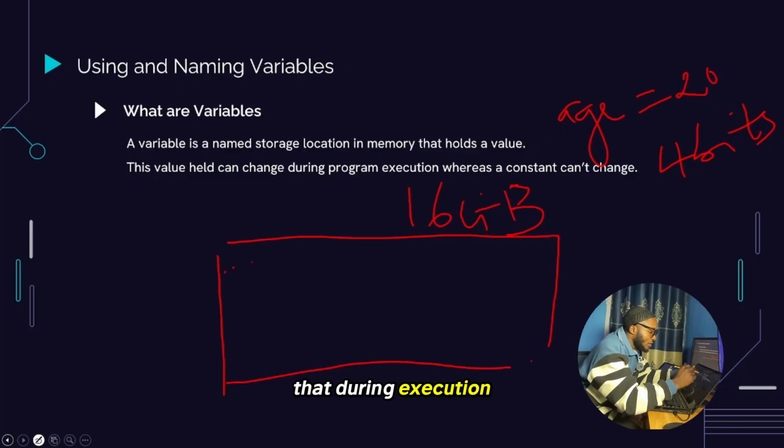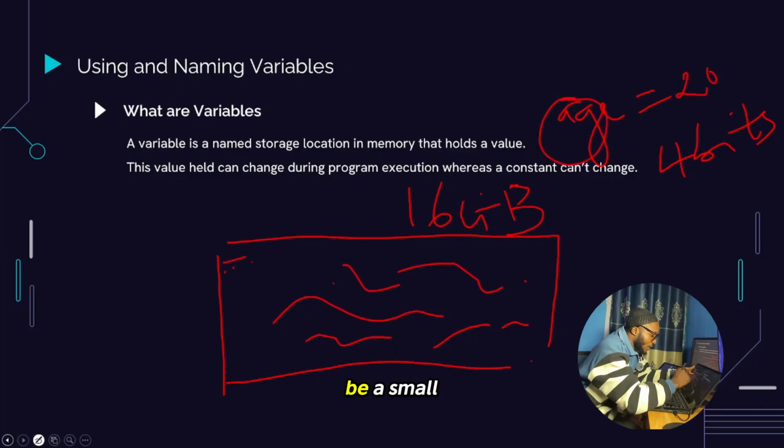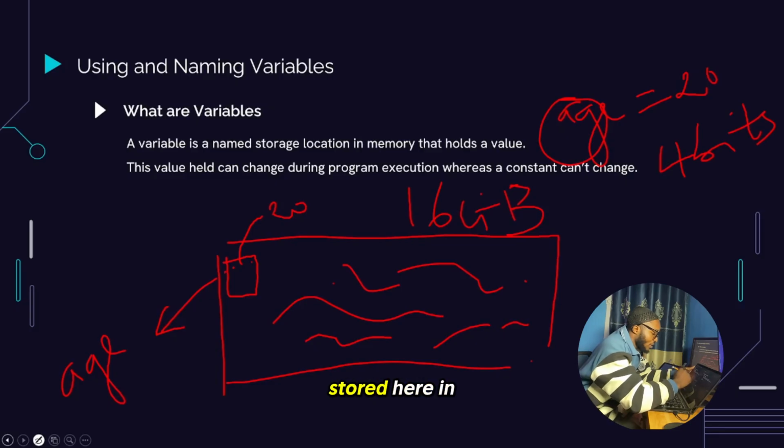So you discover that during execution we have so many things stored in our RAM, and this h will just be a small named location here. Let's call it h, and it can store a value, which is 20, stored in this h memory location.